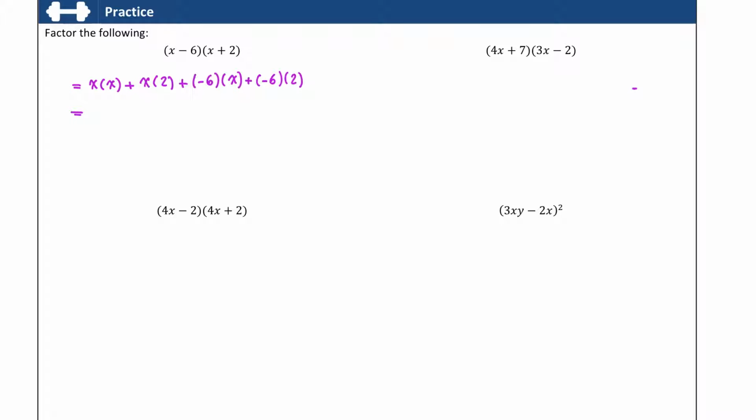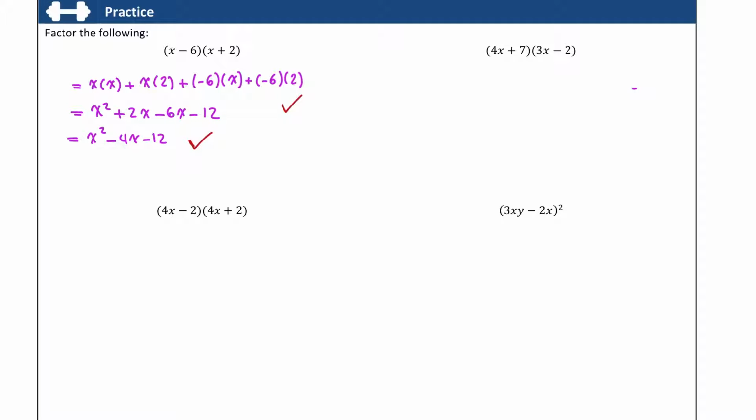So I should get x squared plus 2x minus 6x minus 12. And if I simplify it, I should get x squared minus 4x minus 12. And for check marks, one for accuracy and one for method is required. And you're going to make sure that you do simplify your final answer.